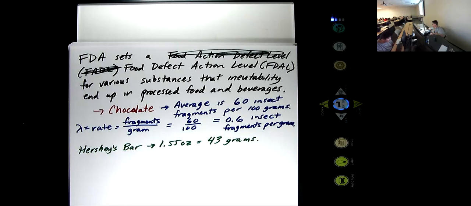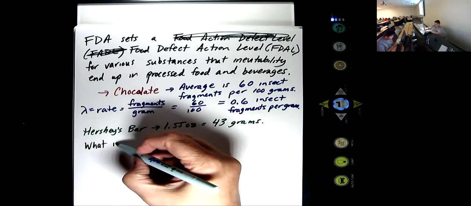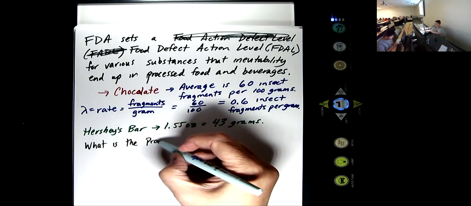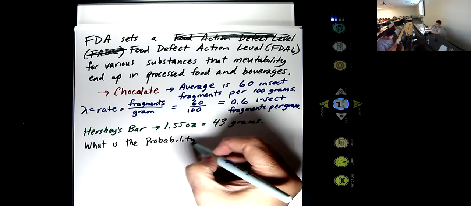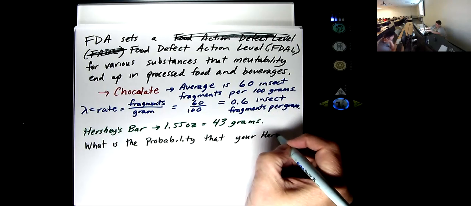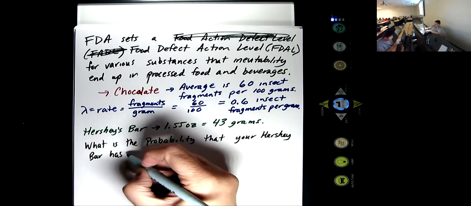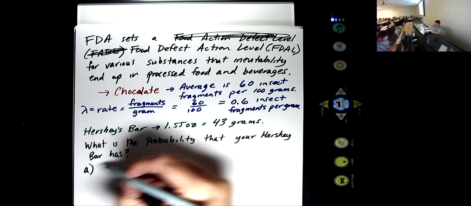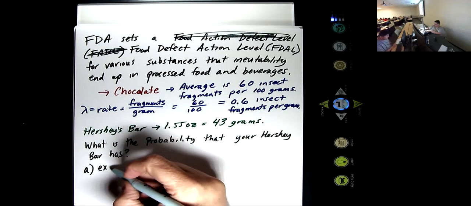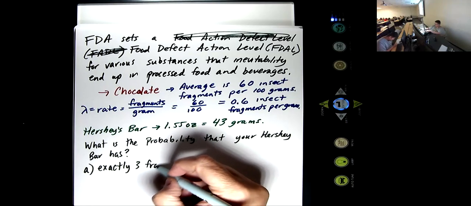So, what is the probability that your Hershey bar has A, exactly 3 parts, 3 fragments.